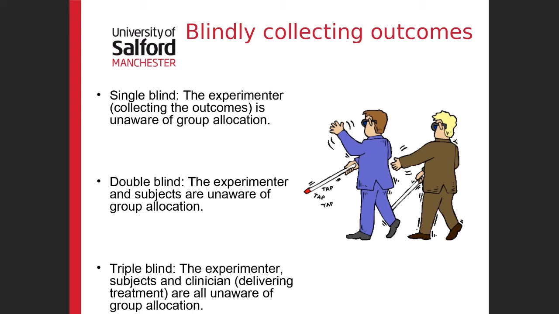So if we go back again to the example of the coronavirus trial, you might have all these people who are allocated to be either in the control or the intervention group. They will be given medication, and then they'll come back regularly for a coronavirus test in the hospital.